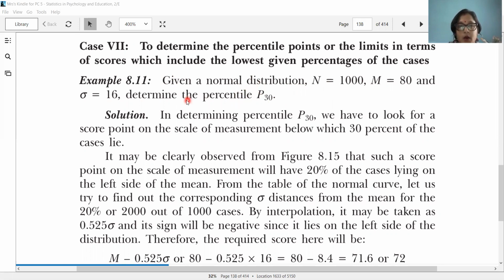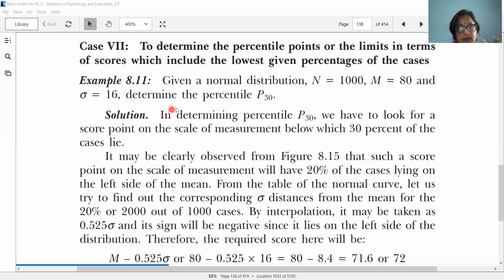What you need to find out. What do you understand by determining percentile P30? In determining percentile P30, we have to look for a score point below which 30% of the cases lie.